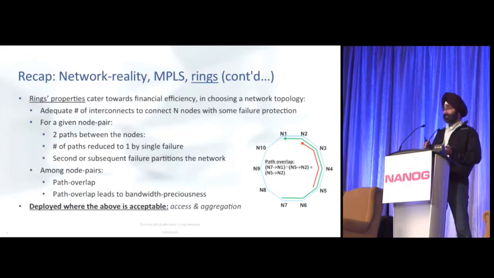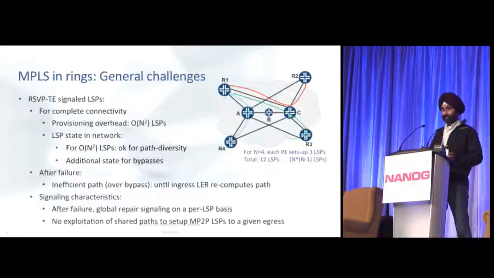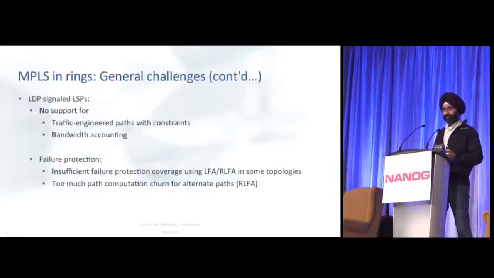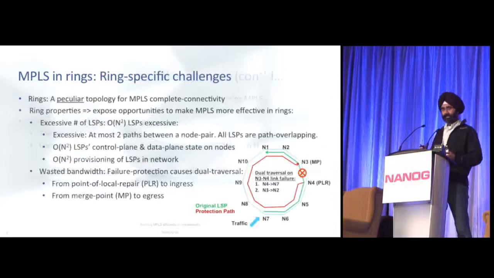And the reason for that is the significant path overlap. So that's another problem that can be improved upon, and that's one of the aspects that RMR helps with.